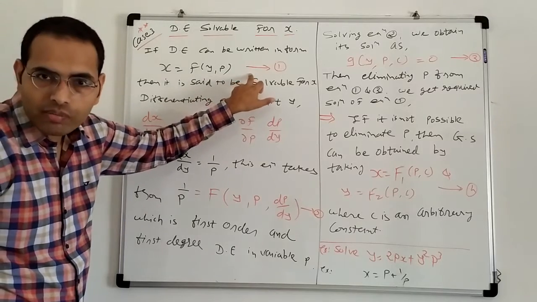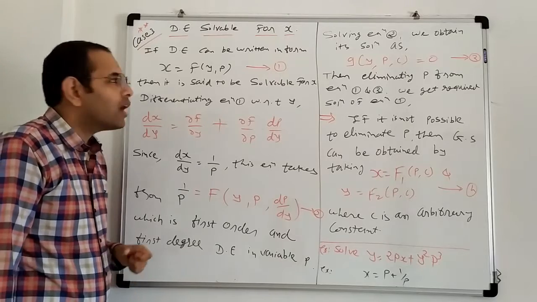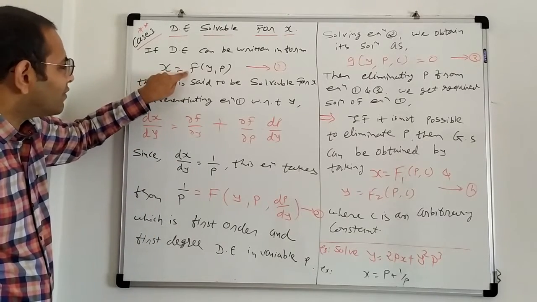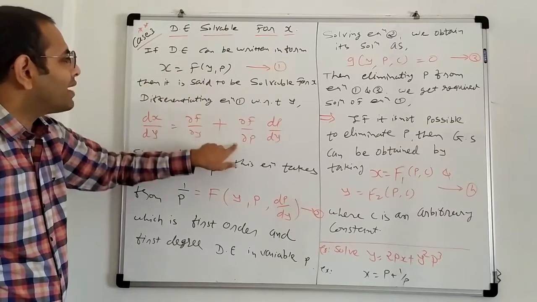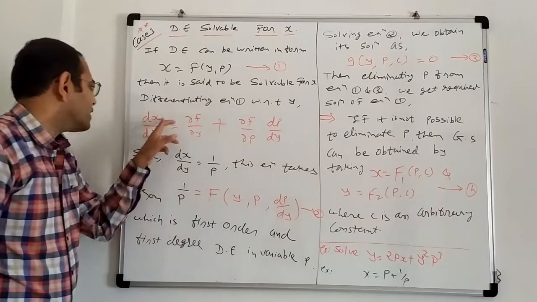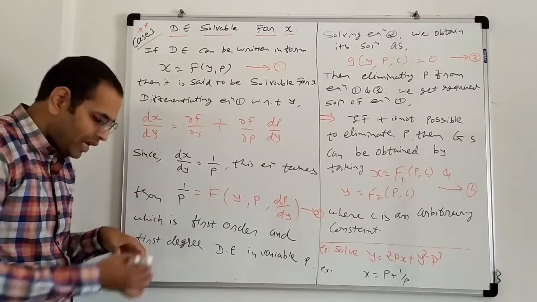Differentiating equation number 1 with respect to y, we get del x by del y equal to del f by del y plus del f by del p into dp by dy. Here dx by dy is 1 upon p.